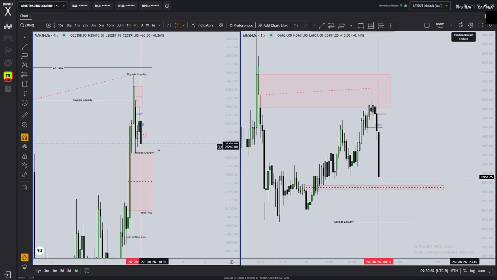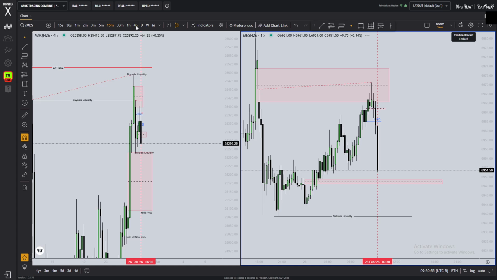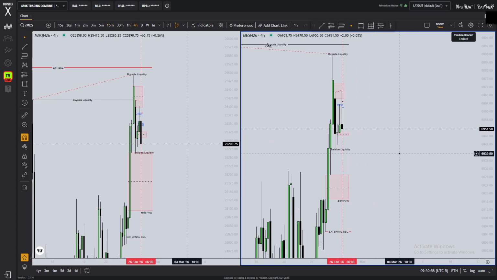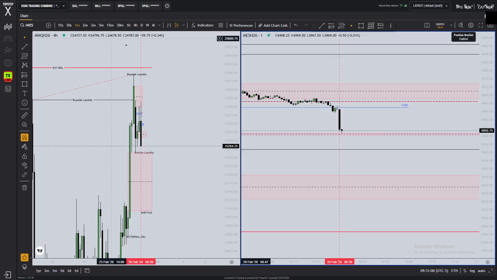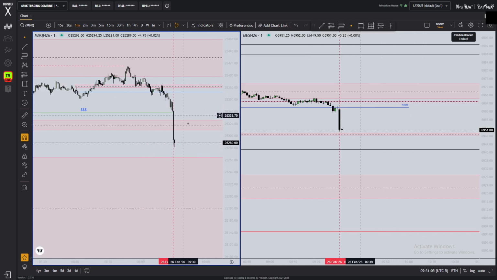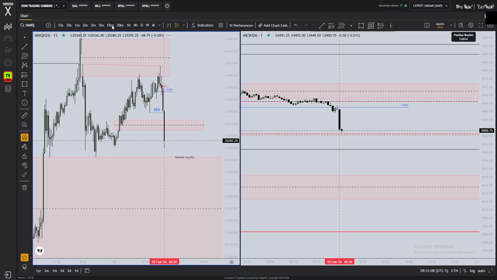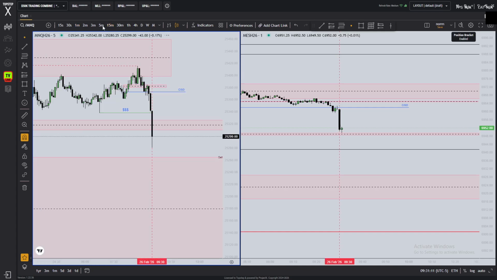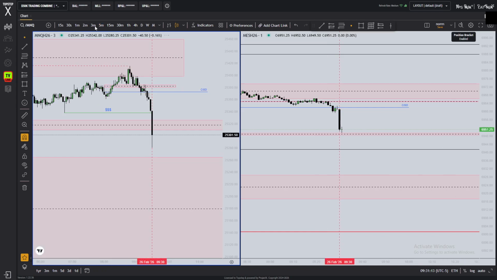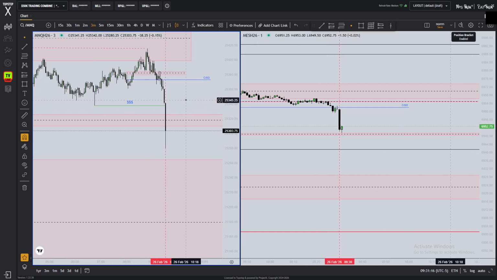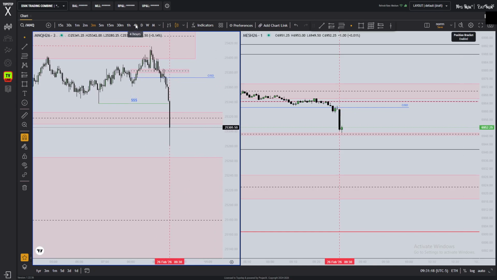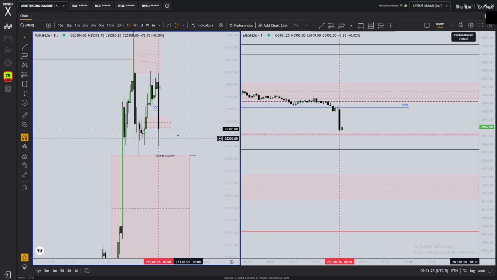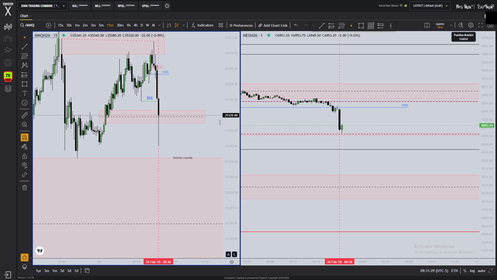Four-hour low looking to get taken inside of a 4-hour gap as well. So it's another thing we're going to watch. So it's all just waiting at the moment.